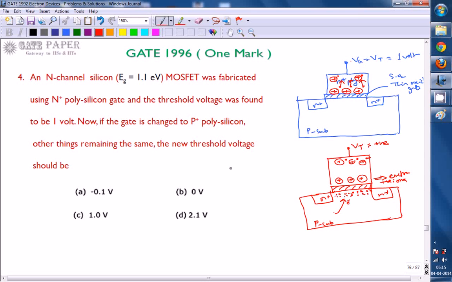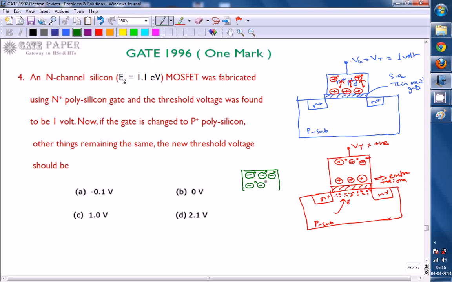P plus is nothing but P-type poly. P-type poly consists of a negative ion followed by a hole, negative ion followed by a hole, and so on.